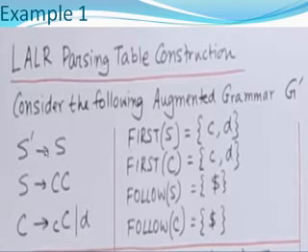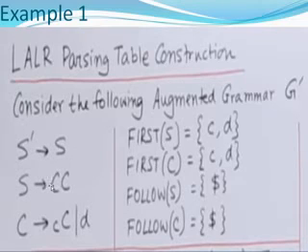As I already told, we have to add the augmented grammar. So S' tends to S is the augmented grammar. They only give the grammars: S tends to CC, C tends to cC or d. Based upon the grammars, the first statement is S tends to CC, so that is why I have written S' tends to S. What is the first of S?